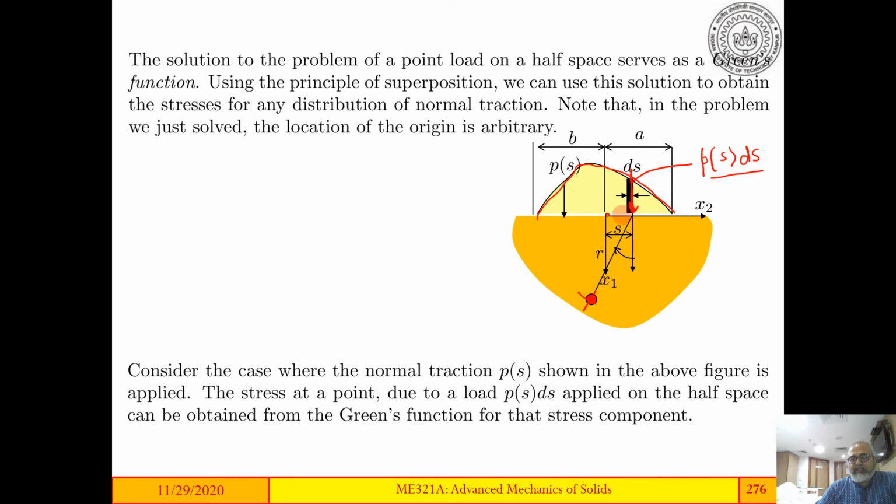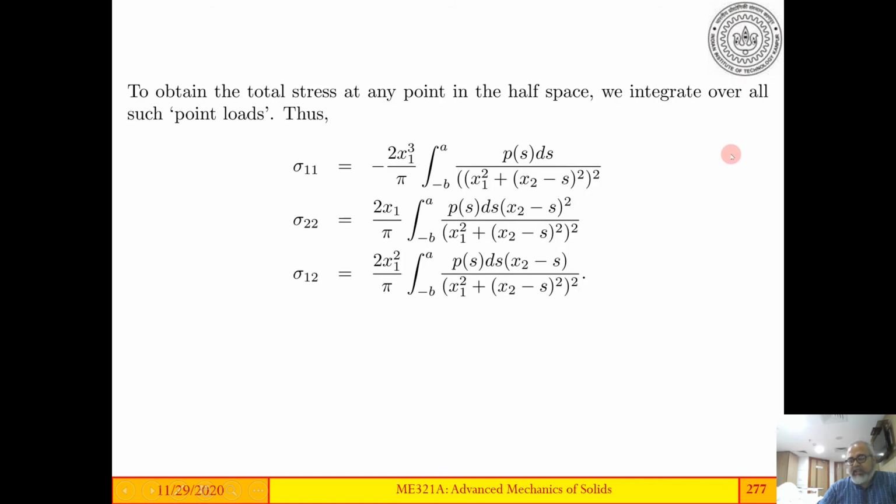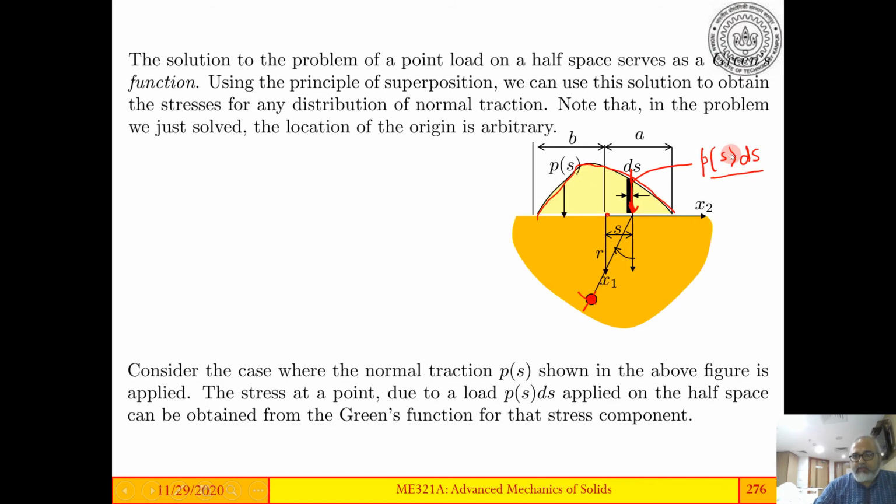Now let us shift the origin here, and if I forget about every other load, the stress contribution of this load P(s) ds is the same as that of the Flamant problem with a load P applied here.